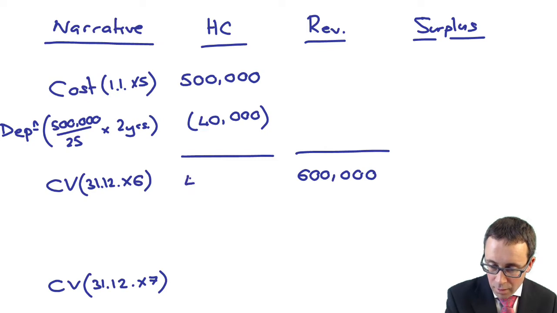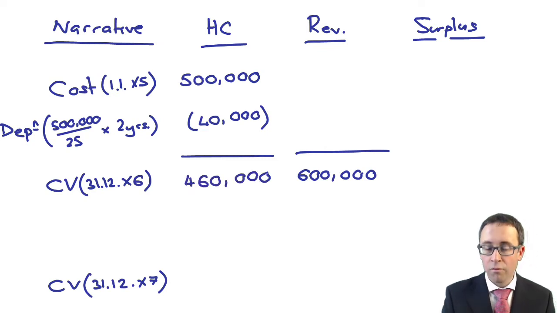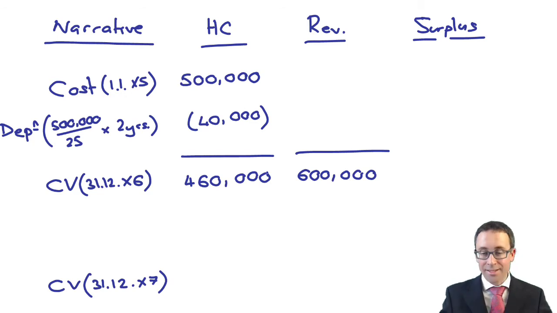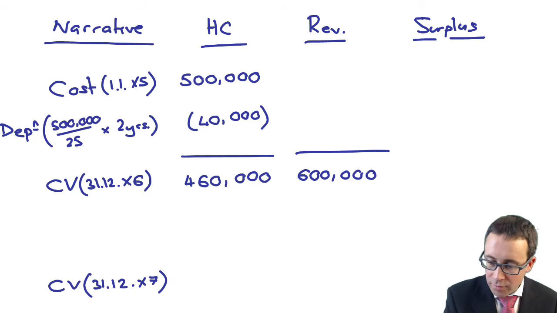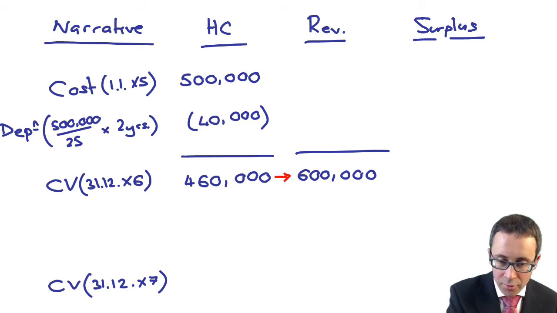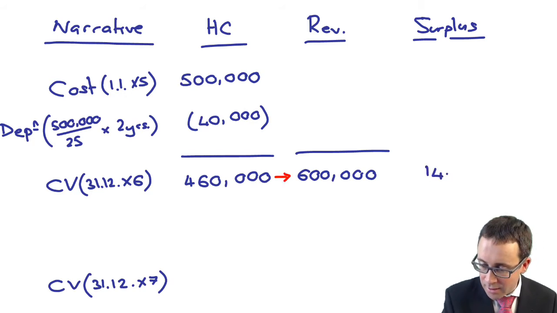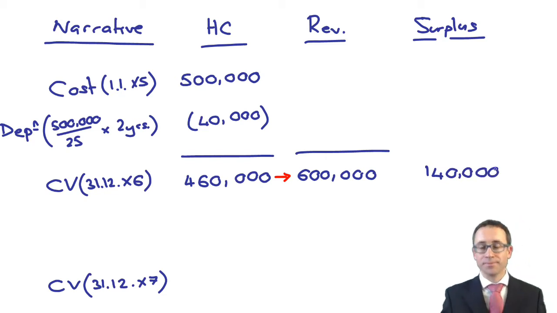Oh, careful. 460,000, isn't it? Careful. Once you've got that, the increase, the gain, is 140,000.